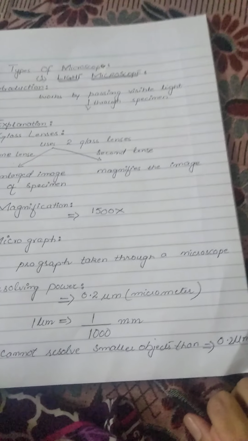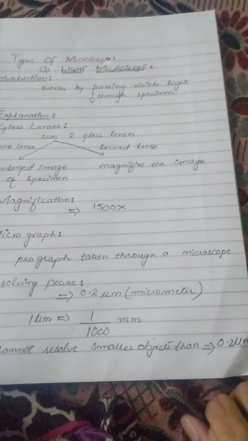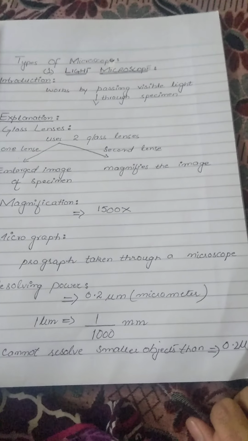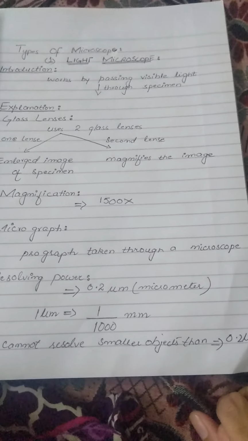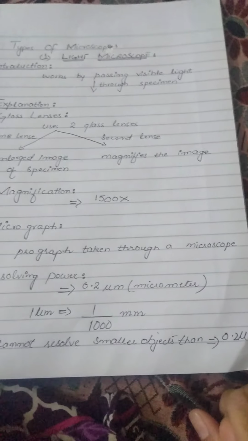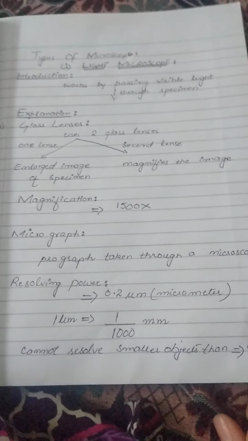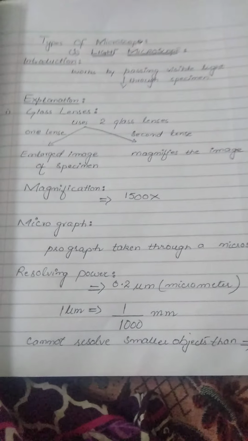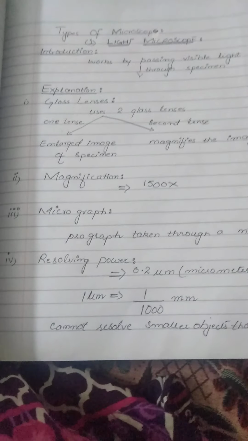A light microscope works by passing visible light through a specimen. What is specimen? Specimen is the object which we have to see. And then we move towards explanation.